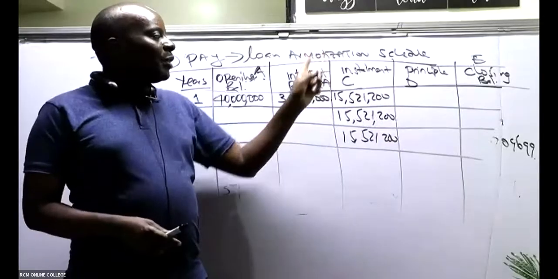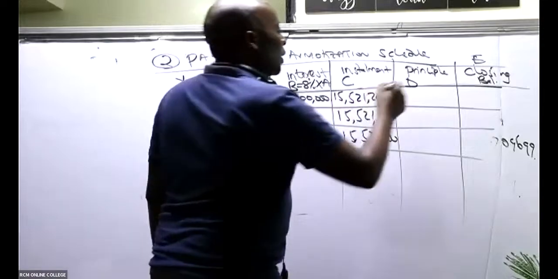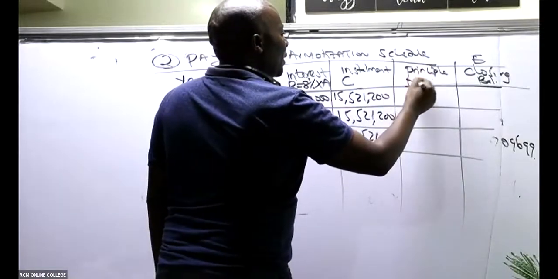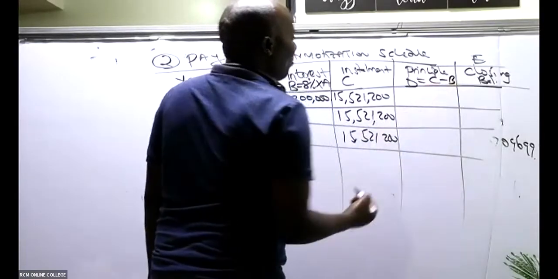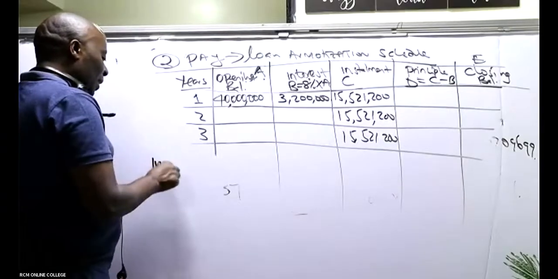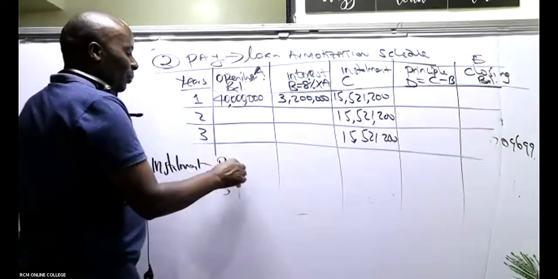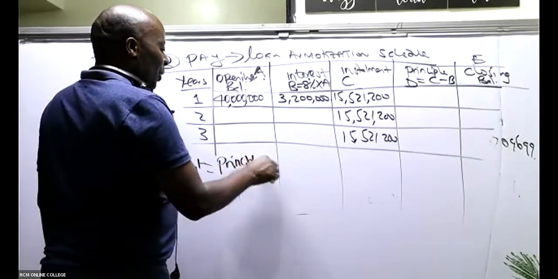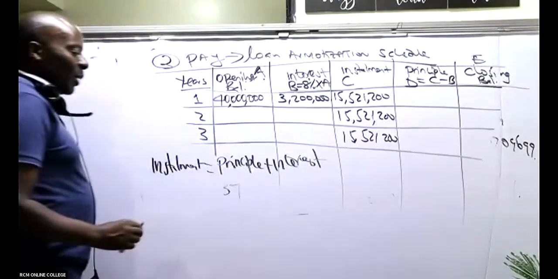To get principal is very easy: I take C minus B. Whenever we pay any installment, it will be equal to the principal plus the interest.